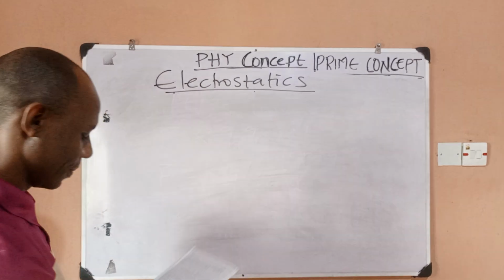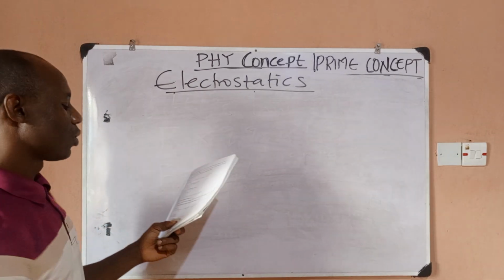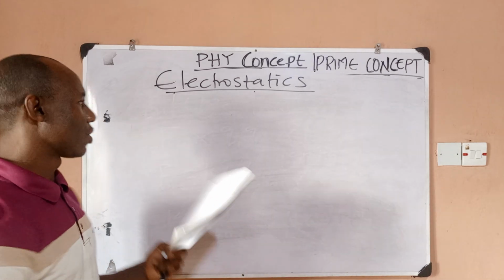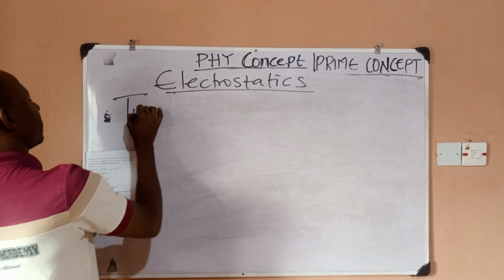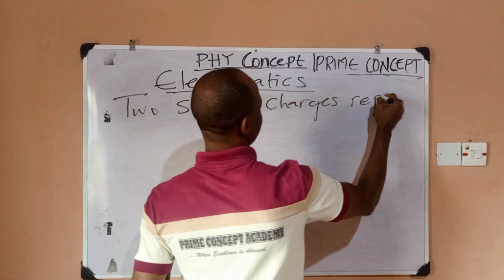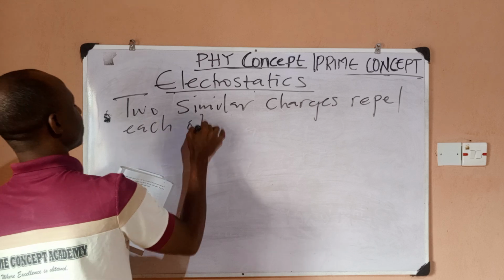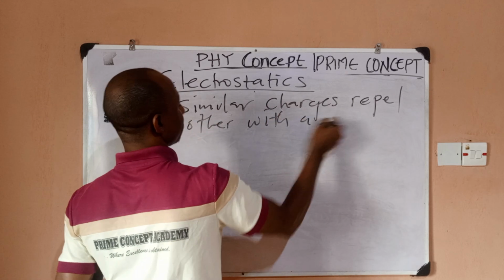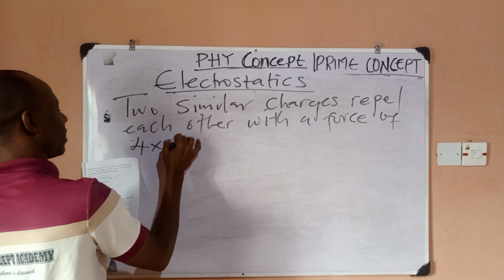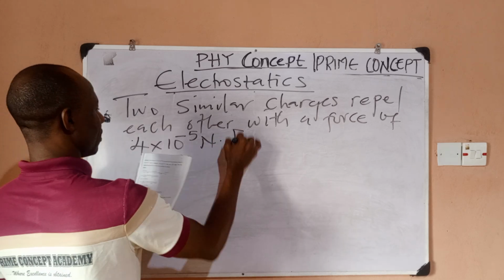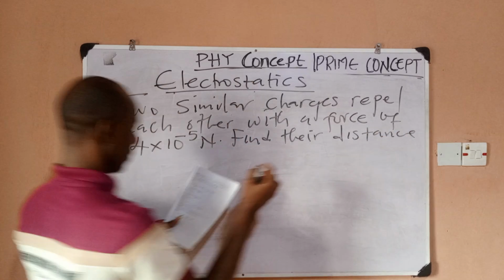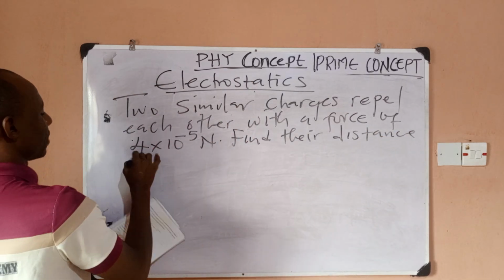The question says: two similar charges repel each other with a force of 4 times 10 to the power minus 5 Newton. Find their distance of separation.